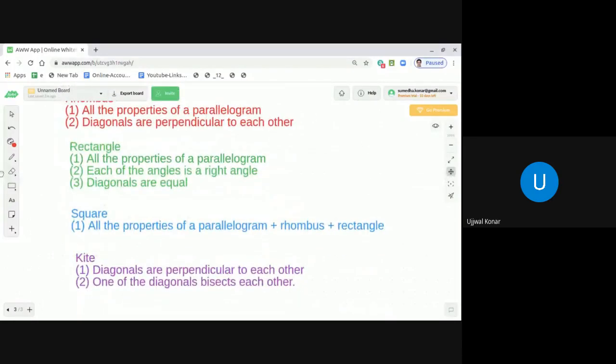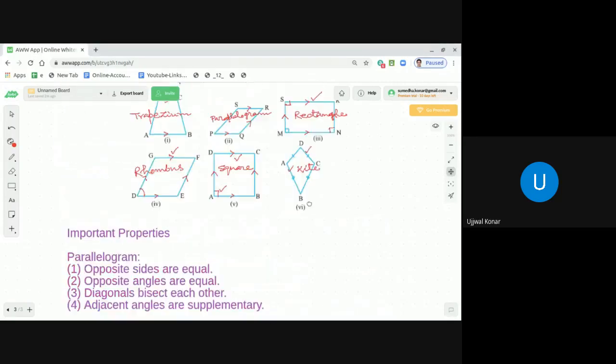Anyone has any doubt here, dear students? Sir, just a clarification. In the kite, only one diagonal bisects the other, the other one doesn't bisect it? I appreciate your question. If you see the diagonals, these are the two diagonals of a kite.